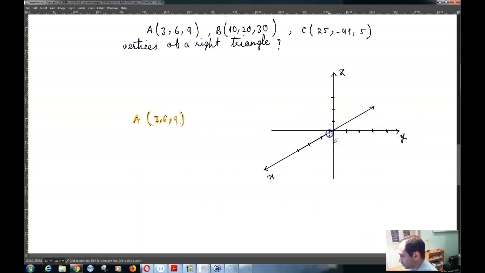So if I draw a line parallel to the y-axis, and 6 units along the y-axis, that would be, for example, this point over here. And then if I drew a line parallel to the x-axis, then this point over here would be 3, 6 on the xy plane.